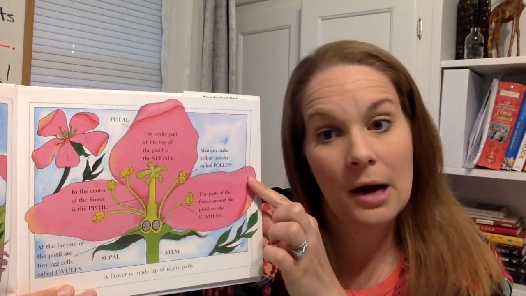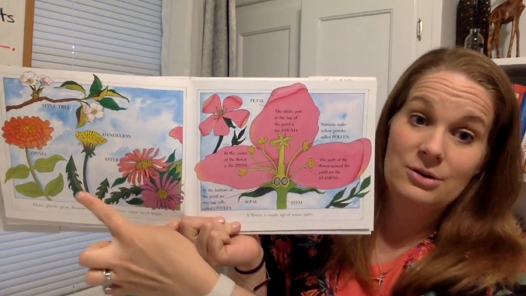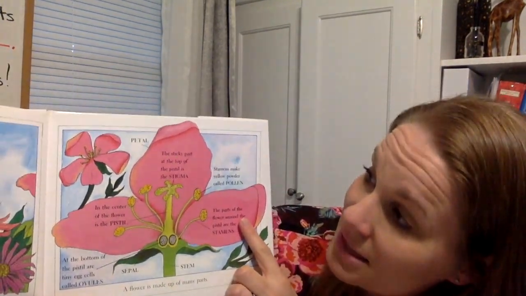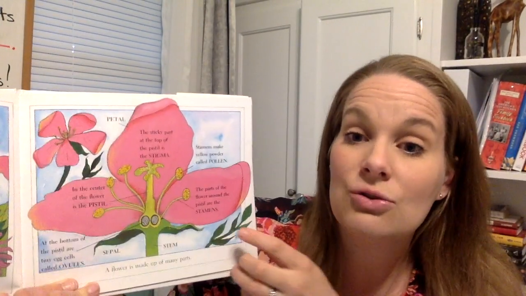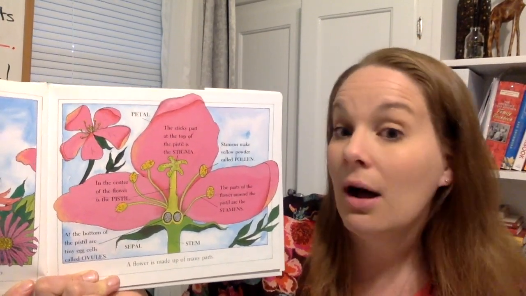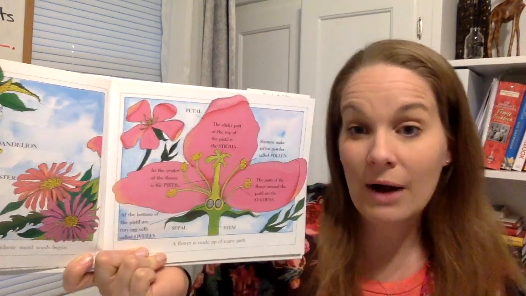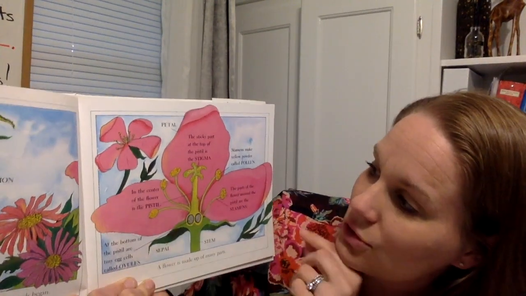They can be different colors, different shapes, different sizes. Just look at the petals on all these flowers on this page. They're different. And in this case, they are pink, and the job of the petal is to attract the pollinators to the plant. So it makes it look beautiful and bright, and the different shapes are really interesting.